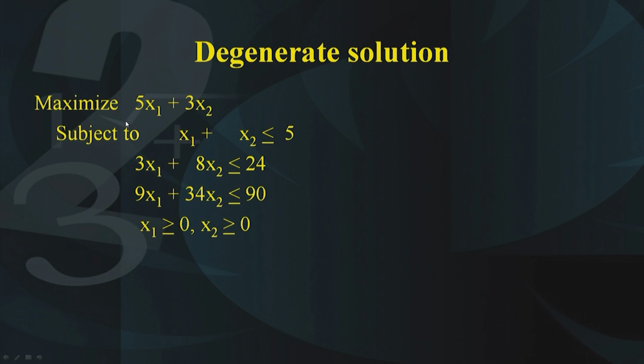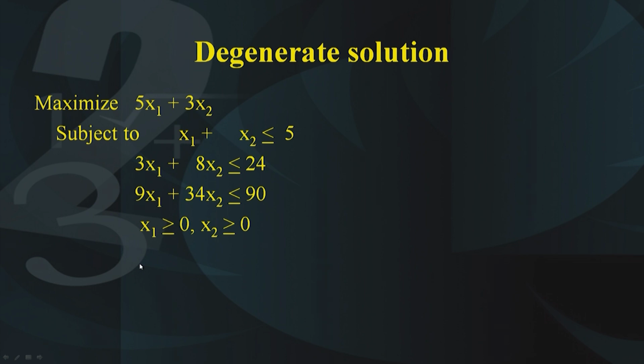So, next let us look at the degenerate case. Now, if you look at this problem carefully, we have maximization of 5x1 plus 3x2 subject to x1 plus x2 less than or equal to 5, 3x1 plus 8x2 less than or equal to 24, 9x1 plus 34x2 less than or equal to 90, and x1 and x2 greater than or equal to 0.